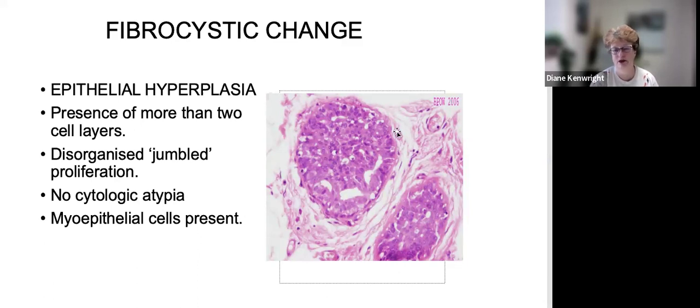Myoepithelial cells are still present around the outside, so we know this isn't a clonal proliferation, and there's no cytological atypia. The only risk is when this becomes absolutely florid, and then the risk of breast cancer does increase, but not as much as if there was DCIS present.